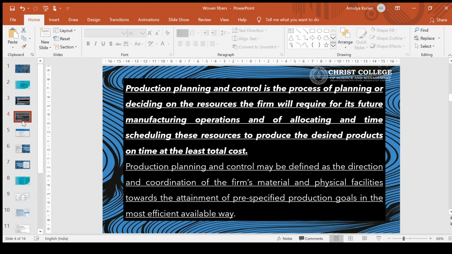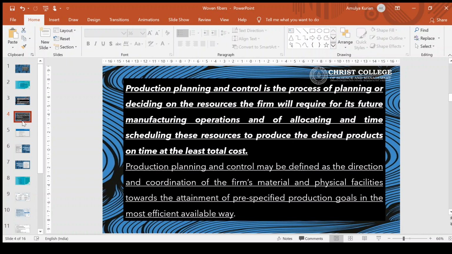Planning is deciding the resources the firm will require in its future operations and allocating the same. And control deals with scheduling these resources to produce desired products on time at least cost. This is possible only if we control the activities which are being done in a production unit.